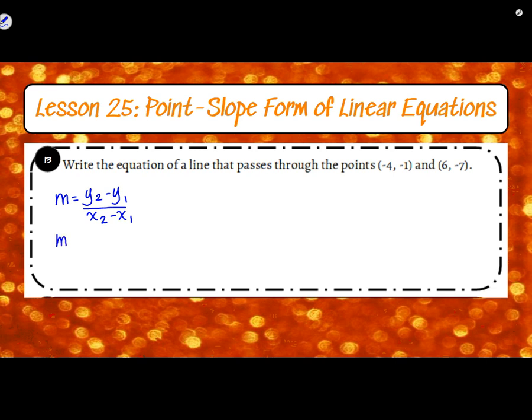So let's figure out our slope. Let's do -7 minus -1 over 6 minus -4. So -7 minus -1 is -7 plus 1, that's -6. 6 plus 4 is 10, so this is -3/5. There's my slope.